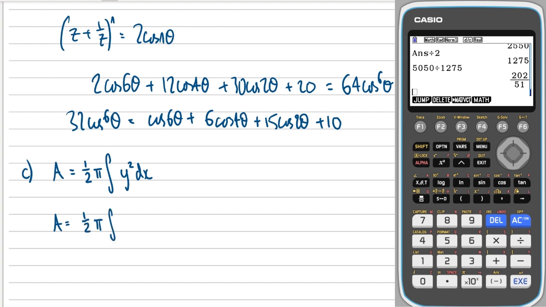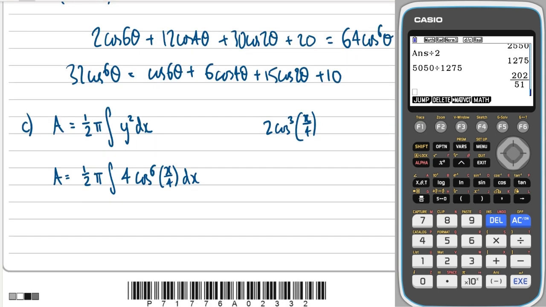Now y is the function which was 2 cos cubed x over 4. So if I square that, I get 4 cos to the 6 x over 4 dx.